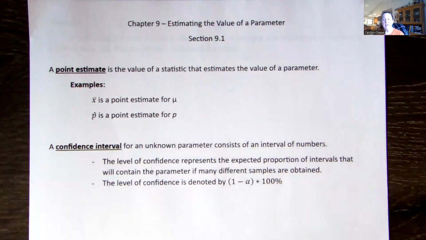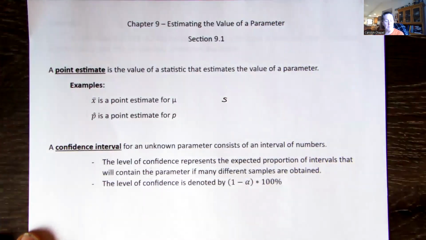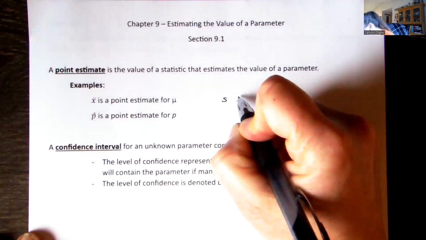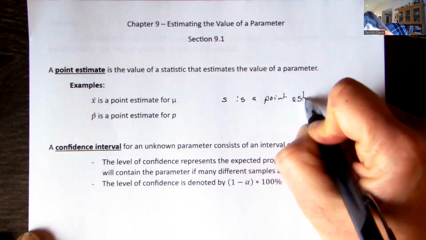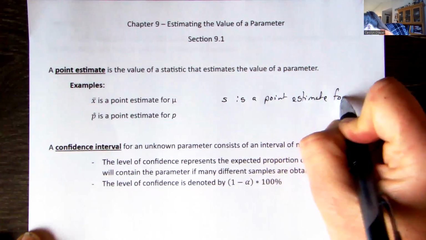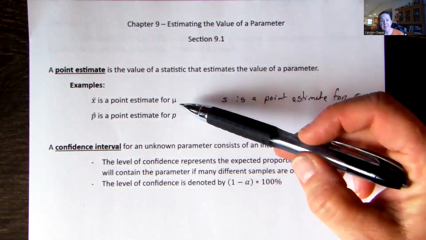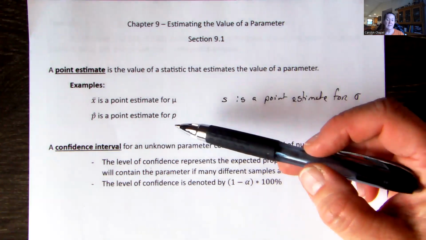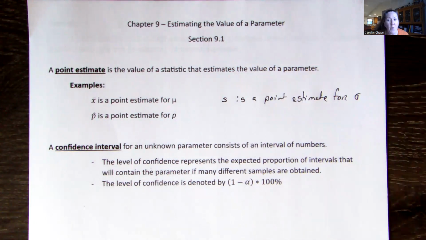Another example is S, which is our sample standard deviation, as a point estimate for sigma, which is our population standard deviation. Now, we will only be concentrating on these two. The techniques for doing this one are very similar, but again, in this course we are just getting a touch or a taste of the different areas of statistics.